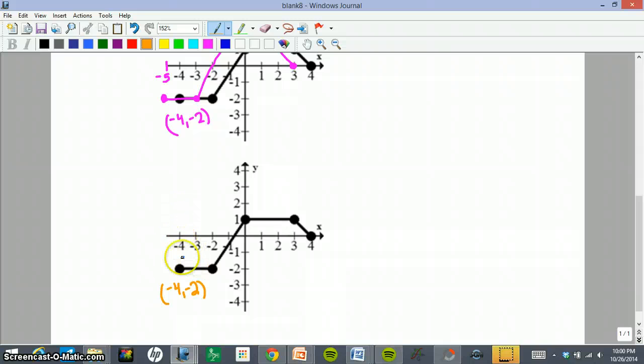So -2 becomes +2, and again right here, connect those now. We have 0, 1 now becomes 0, -1, and 3, 1 becomes 3, -1, and 4, 0. Well, if you take the opposite of the output there, 0, still 0. So there we go.